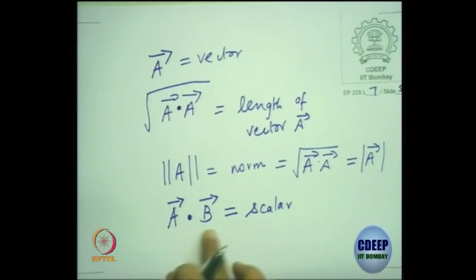And when B is equal to A, you get the definition of the length of a vector or norm of a vector. And these are things which we need to have a handle on: vectors, length of a vector, dot product of vectors in 3 dimensions. And how do we go to an abstract notation is what we should see.